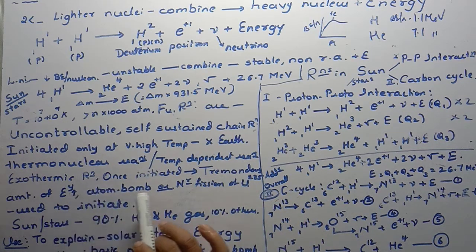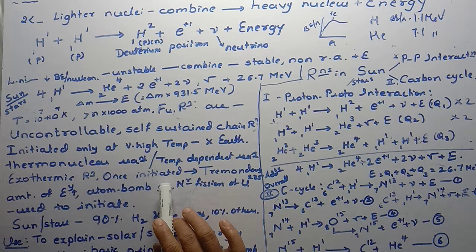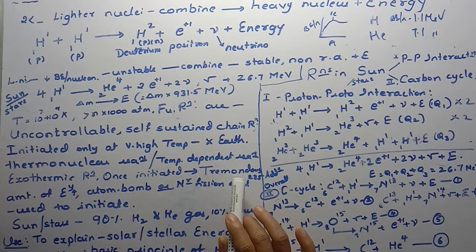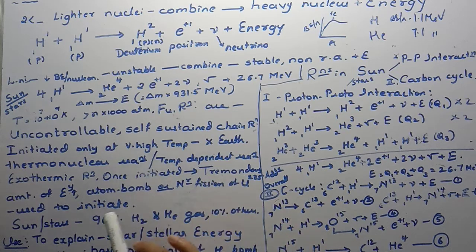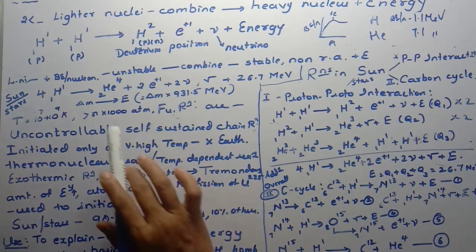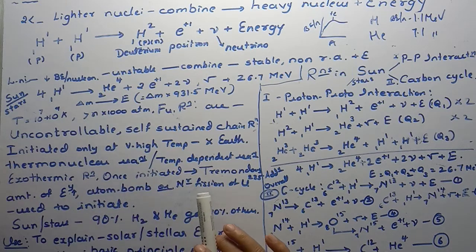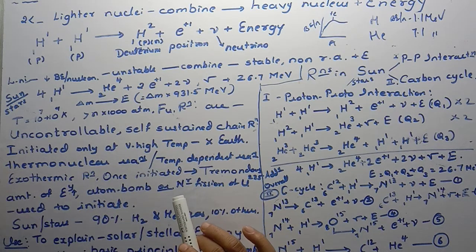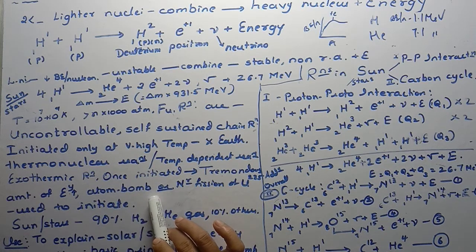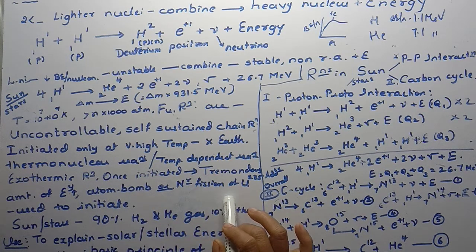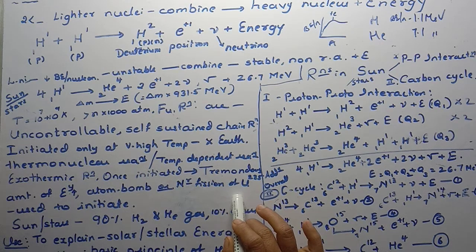See, once the reaction is initiated, a tremendous amount of energy is liberated. The amount of energy will be very high. To initiate such reactions, the high temperature required is obtained by an atom bomb, that is, nuclear fission of either uranium 235 or plutonium 239.